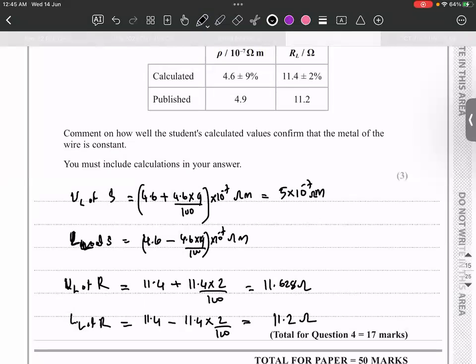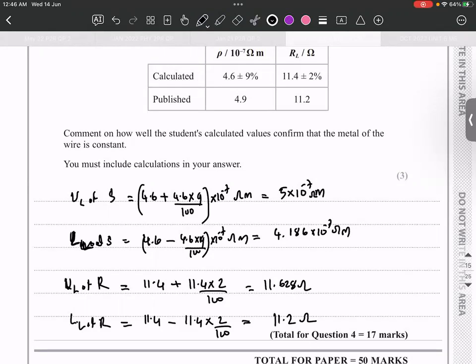So what is the lower limit of this rho? 4.6 multiplied by 0.91, that is 4.186 times 10 to the power of minus 7 ohm meter.